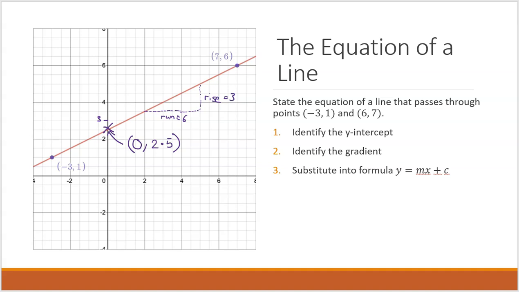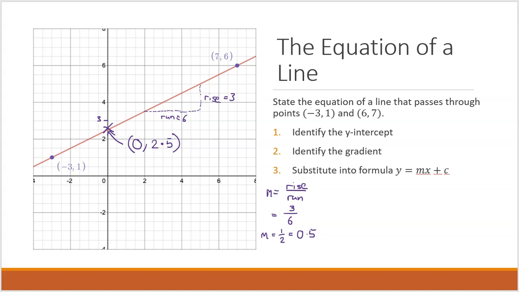And remember, our gradient is m equals rise over the run, and if we've got a rise of 3 and a run of 6, then that simplifies down to m equals 1 over 2, or 0.5. Now notice that we've got our y-intercept of (0, 2.5) and our gradient of m equals 0.5.